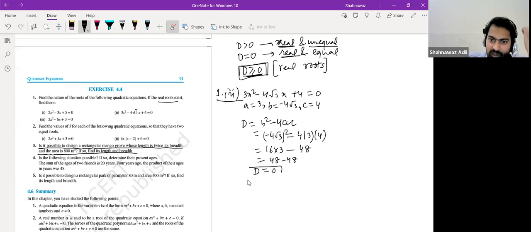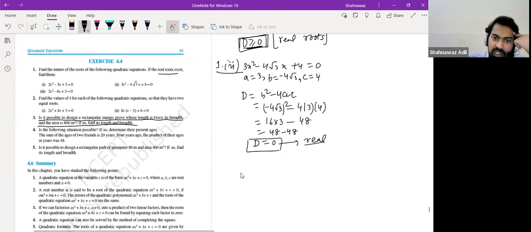So which means that the root exists. And the second thing is that if the root exists, we have to find them, right? They are asking that we have to find them.